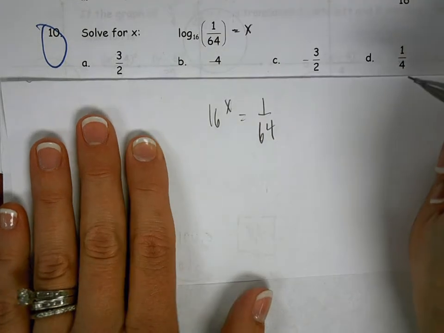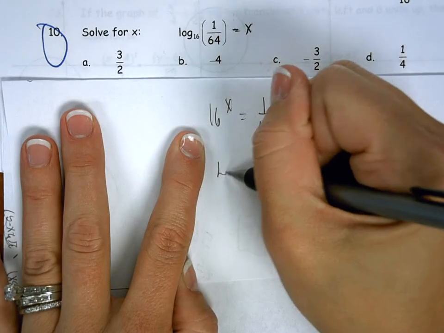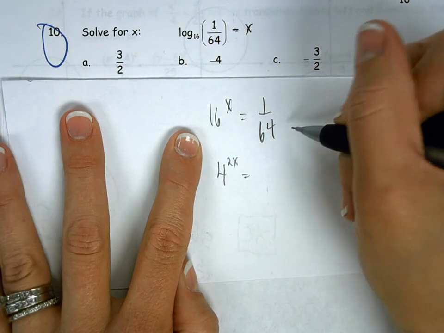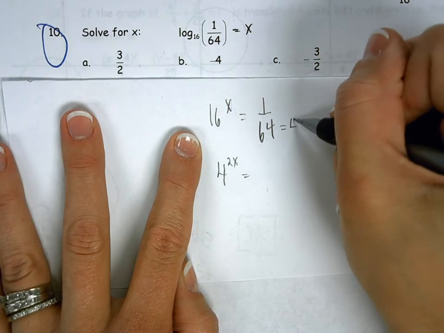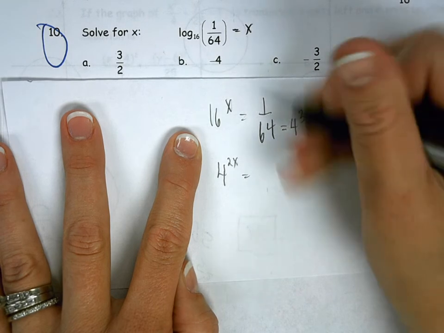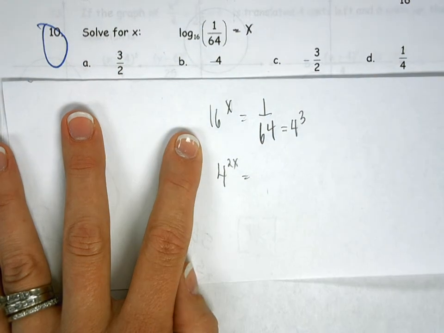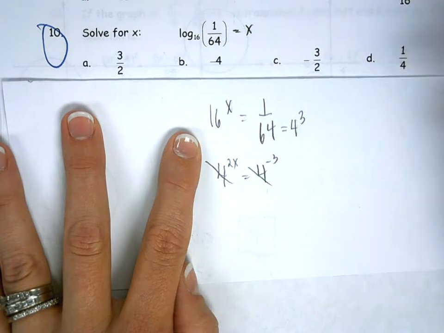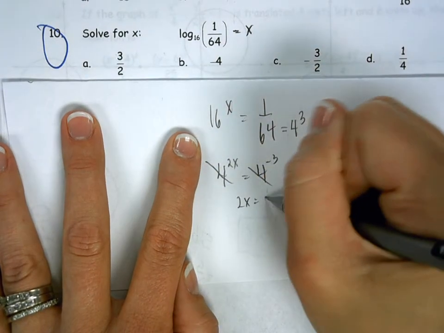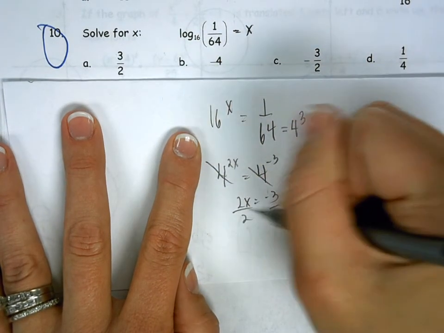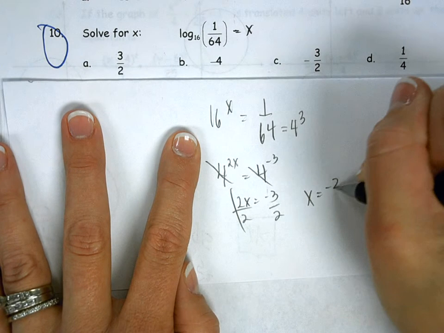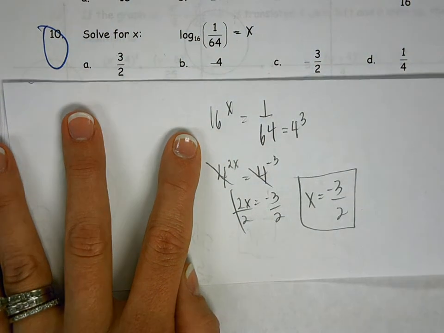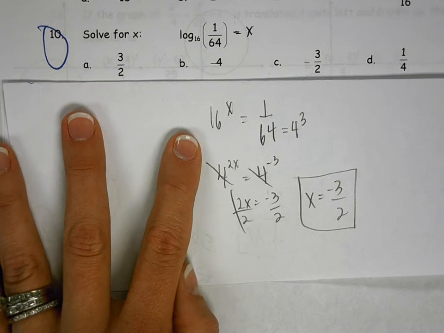So 16 is going to be what? 4 to the 2x equals, and then 64 would be what? 4 to the third, but we don't want it as a fraction, so when I bring it up, it's going to become what? 4 to the negative third. So then these cancel. We have 2x equals negative 3, divide by 2, and we get x equals negative 3 over 2. Questions?